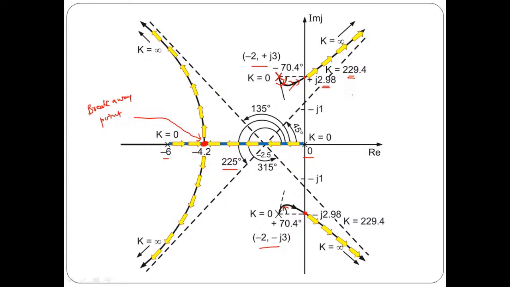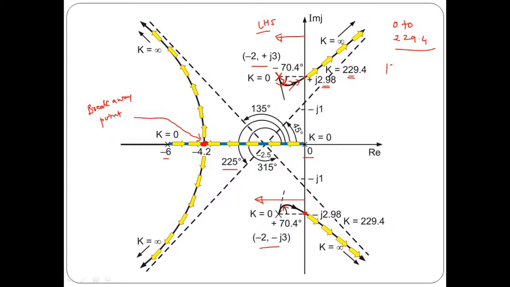The value of k corresponding to this is 229.4. That means if you vary the value of gain k from 0 to 229.4, the system is said to be stable. Why? Because the poles are on the left hand side of the imaginary axis.